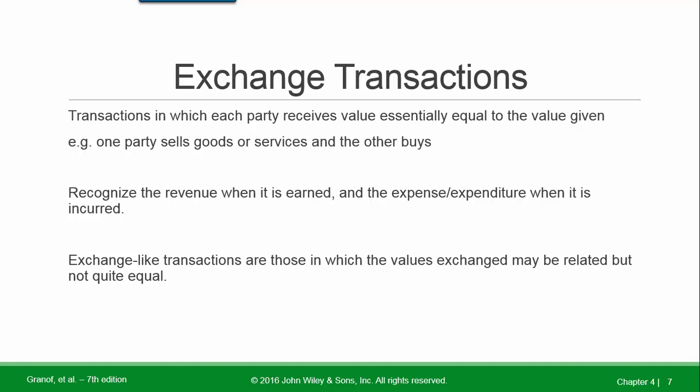Exchange transactions. Transactions in which each party receives value essentially equal to the value given. One party sells goods or services and the other buys. Recognize the revenue when it's earned and the expense or expenditure when it is incurred. Exchange-like transactions are those in which the values exchanged may be related but not quite equal.